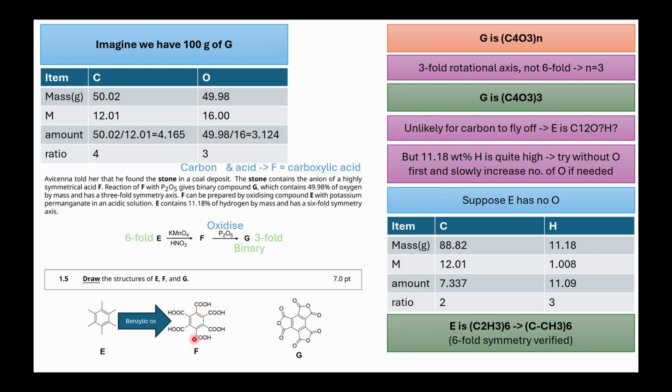If you compare the formula of F with G's formula, you will notice that G is basically just missing some water molecules from F. And because P2O5, if you remember, for industrial processes, sometimes we use strong acids to dehydrate stuff. Like when we use sulfuric acid to dehydrate I think alcohols, and that will give you alkenes industrially.